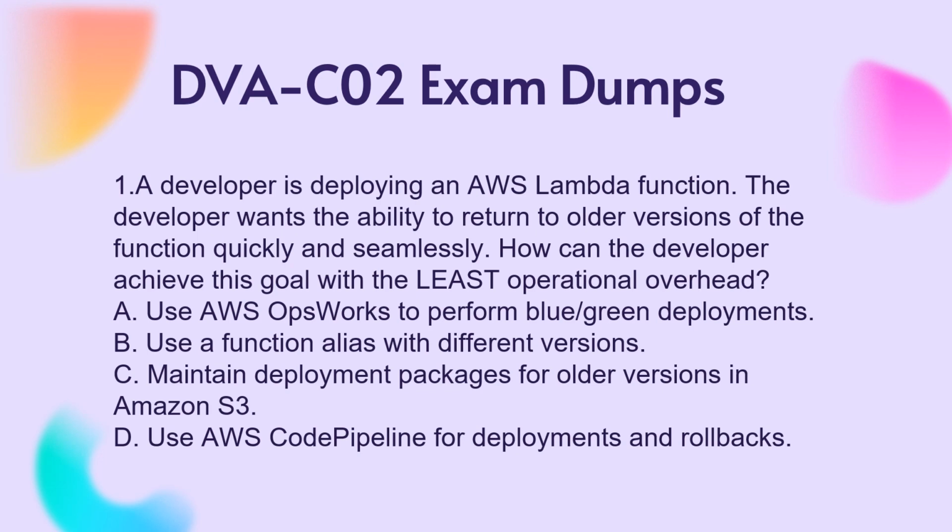B. Use a function alias with different versions. C. Maintain deployment packages for older versions in Amazon S3. D. Use AWS CodePipeline for deployments and rollbacks.